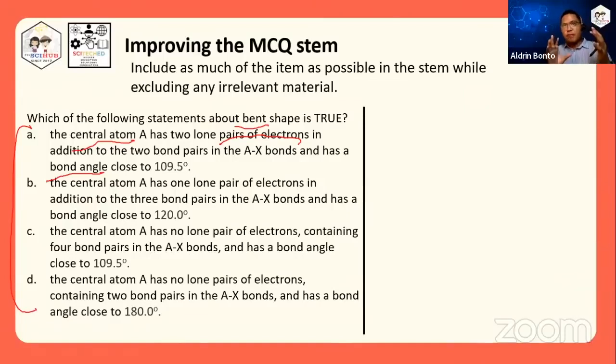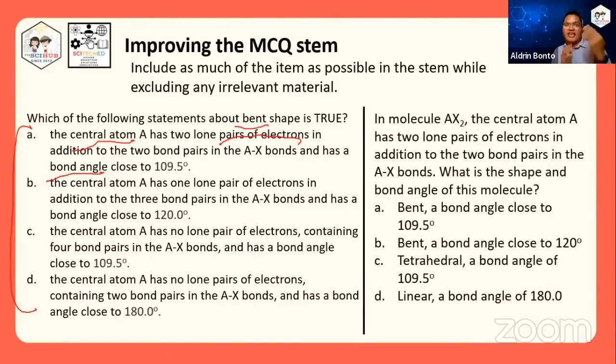So for us to make a better or an improved version, we can rephrase the question. In molecule AX2, the central atom A has 2 lone pairs of electrons in addition to the two bond pairs in the AX bonds.